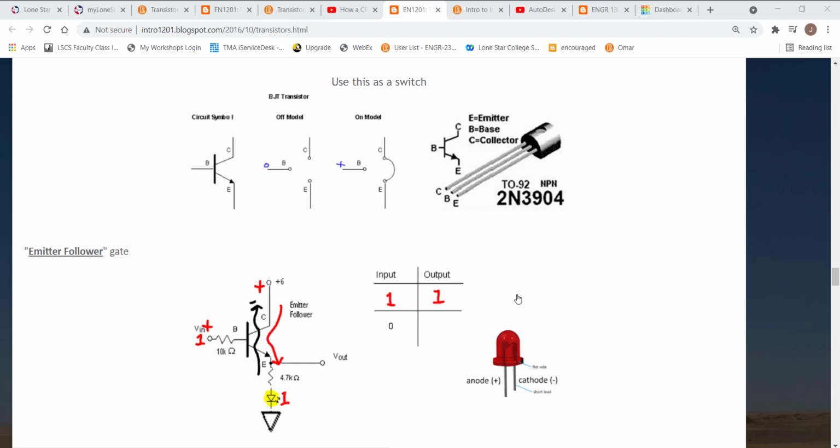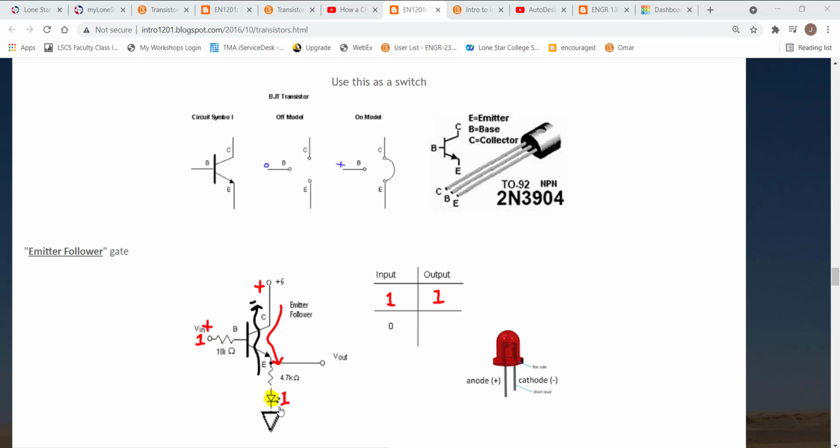What you can do is create what's called a truth table. The truth table looks at what's coming into the circuit. So this is what's coming into the base, into this third little wire here. And depending on what's coming into the base, you will then see what's coming out of this circuit. And we can represent the output with an LED.